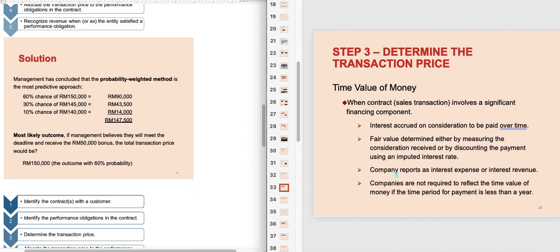Because you have to identify the present value, any difference between the present value and the consideration that you expect to receive now will be considered as interest revenue for the entity.